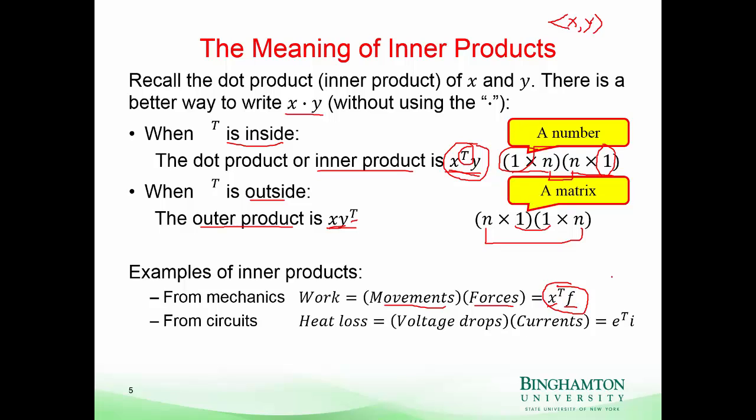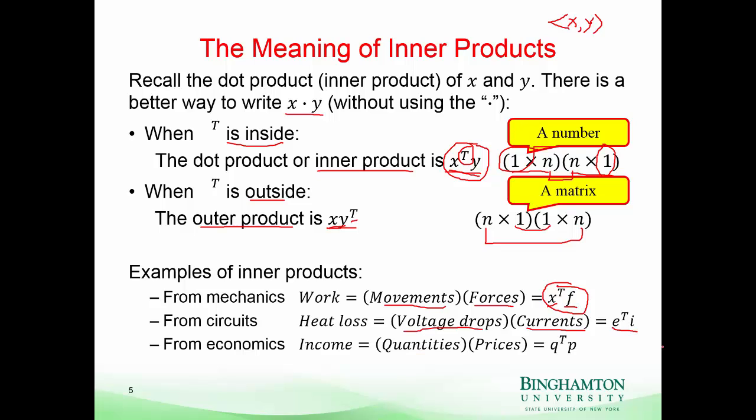Similarly, in circuits, we have a bunch of different voltage drops and their corresponding currents. And so if we do all those different voltage drops times their corresponding currents and add them all up, we get the total. Well, it's labeled here as heat loss, but heat loss is just power.